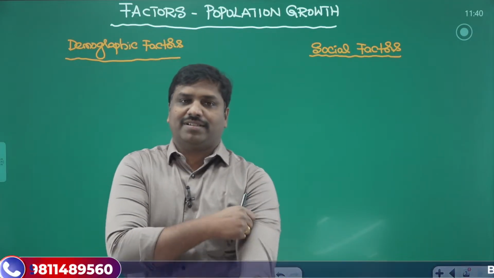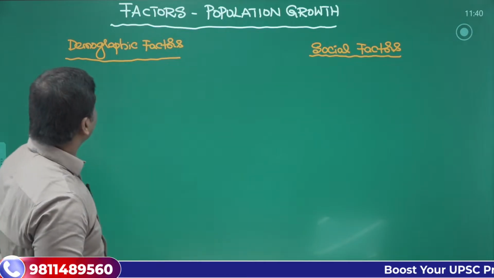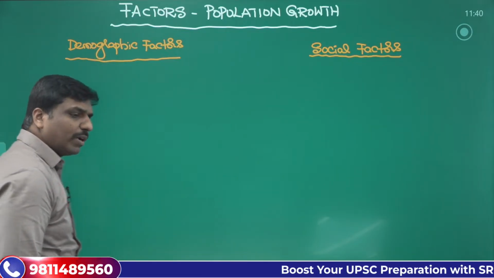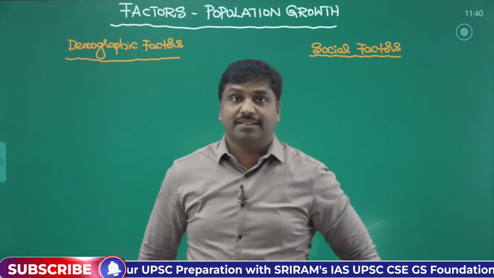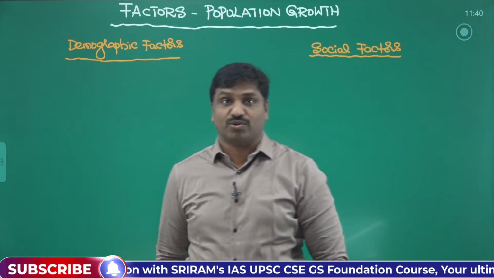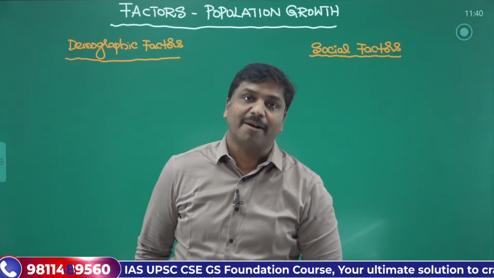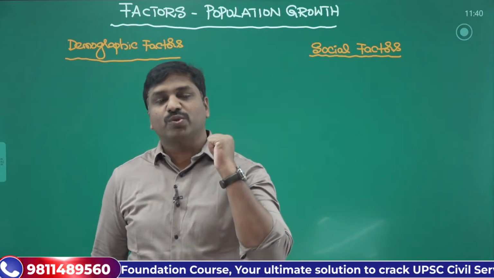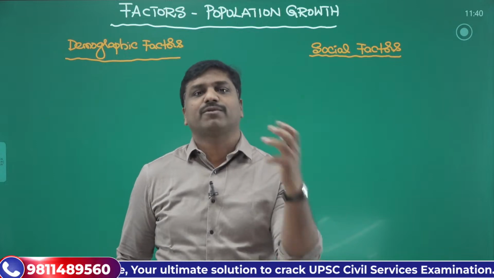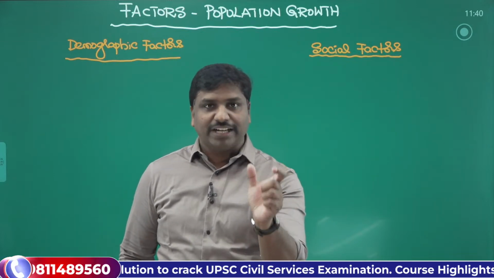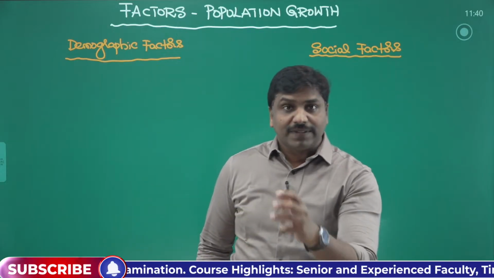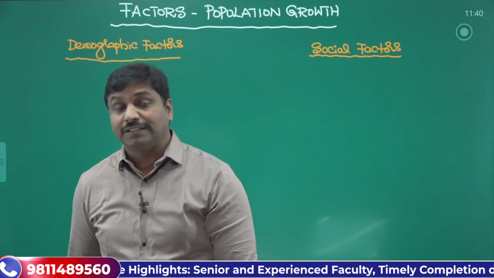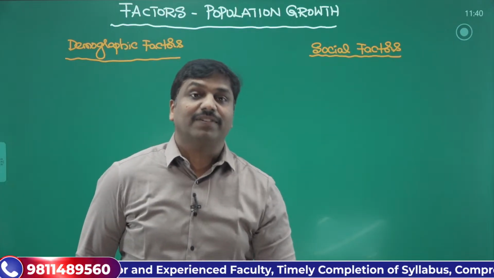So first, let me start. When we talk from the perspective of demography, what do you mean by demography? It is a word derived from two Greek words, demos and graphia. Graphia refers to description, whereas demos refers to population. In a simple fashion, demography is a scientific study of the description of the characteristics of the population of a particular region.